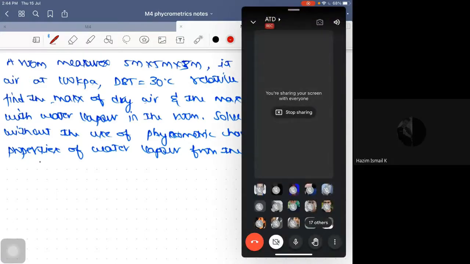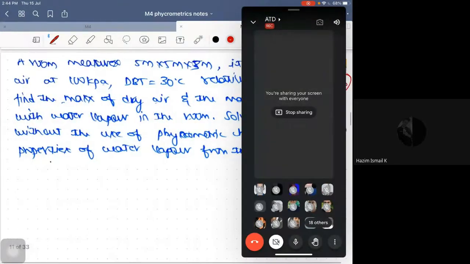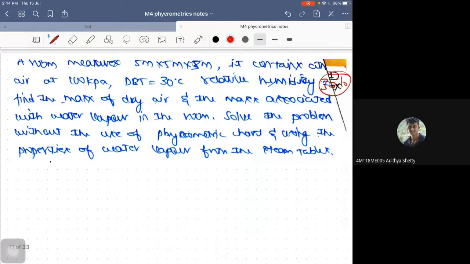Shall we start? Yes, sir. Okay, this is a simple problem. In the first line, I will just correct it. The room measures 5 cross 5 cross 3 meters.